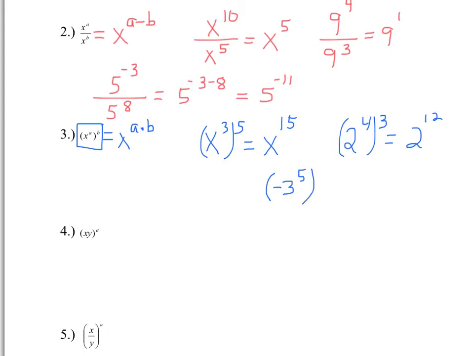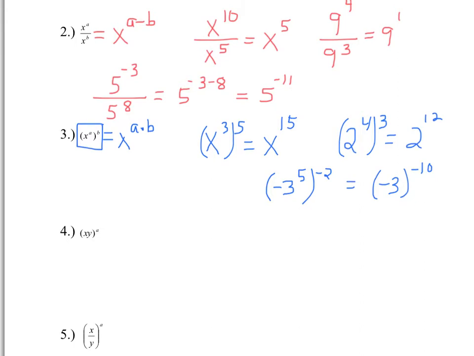All right, and suppose it has a negative 2 on the outside. Okay, it doesn't matter if it's negative, you still have a power to a power. So you're going to have negative 3 to the negative 10. Okay, so power to a power, you're just going to multiply and you keep that base the same. All right, moving on.